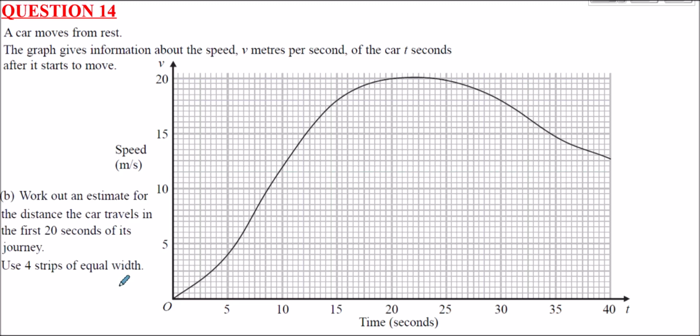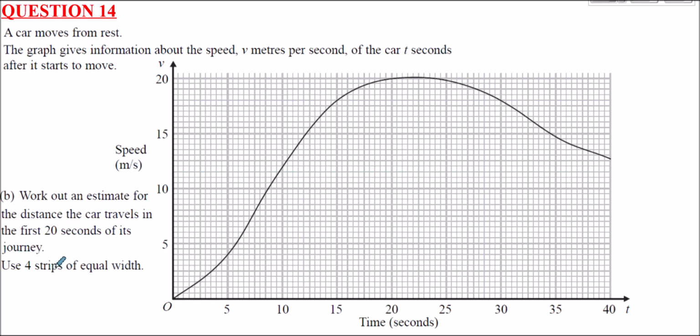Part B, we're asked to work out an estimate for the distance the car travels in the first 20 seconds of its journey, and we need to use 4 strips of equal width. Now, if we want to work out an estimate of the distance, the area under a speed time graph tells us an estimate of the distance travelled in the first 20 seconds in this case.